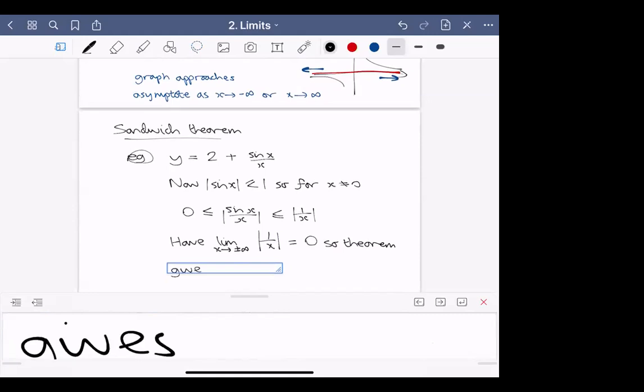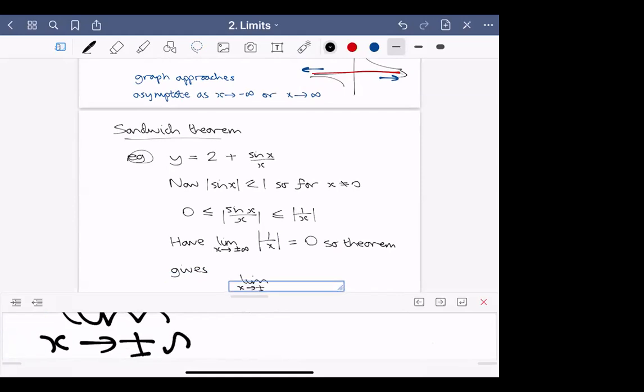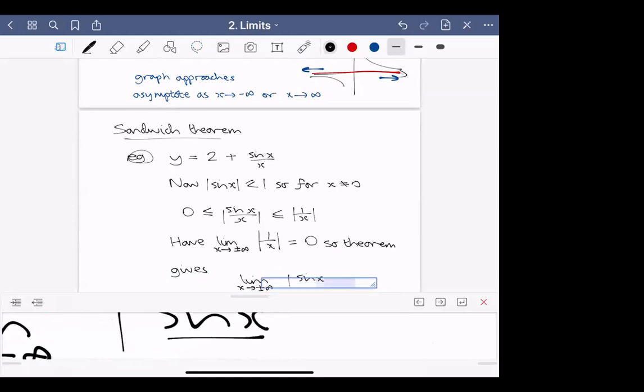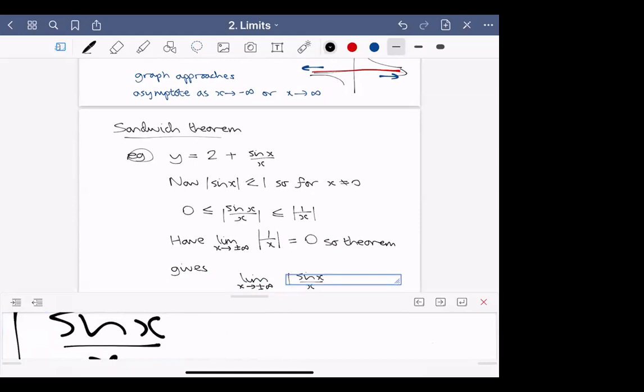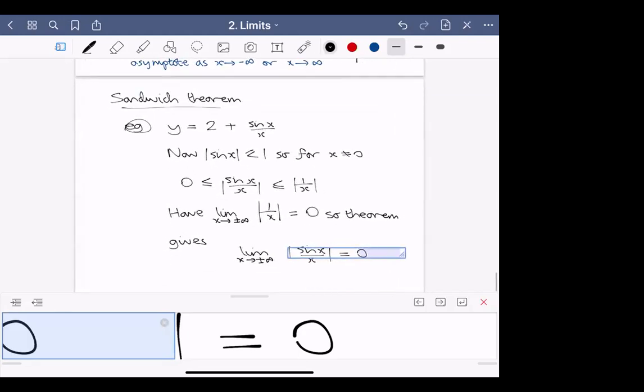So the sandwich theorem gives that the limit as x goes to plus infinity or minus infinity of sine x over x is 0.